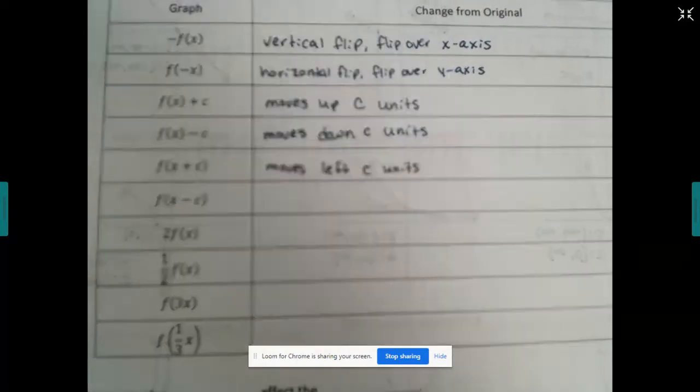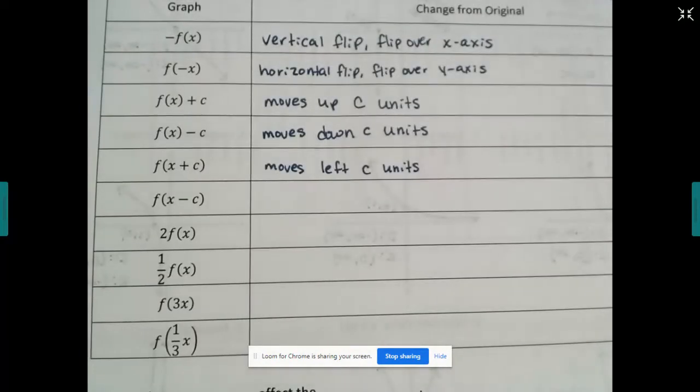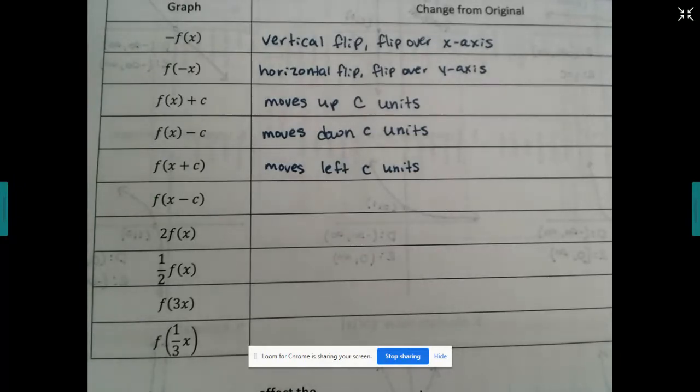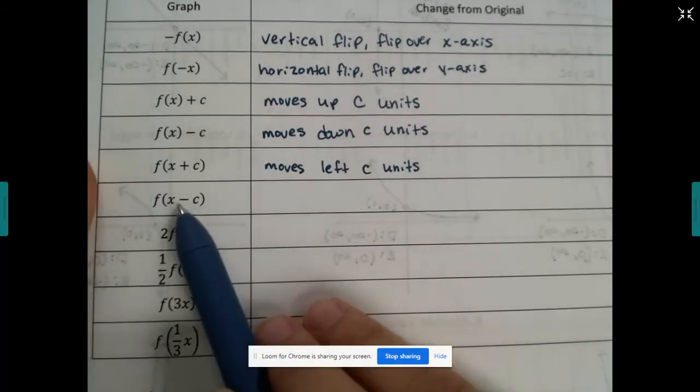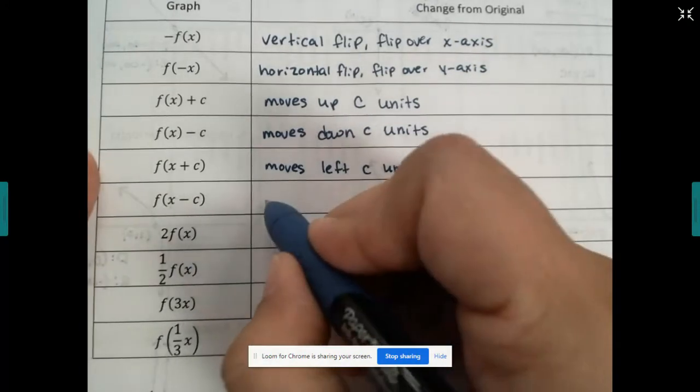And that's because it's kind of thinking about when you're solving for x. It's like if I solve this for x, I would say x plus c equals 0, and I would subtract c, and there it would become negative. And that's where that left and right kind of comes from. So then if it's a minus, that's to the right.